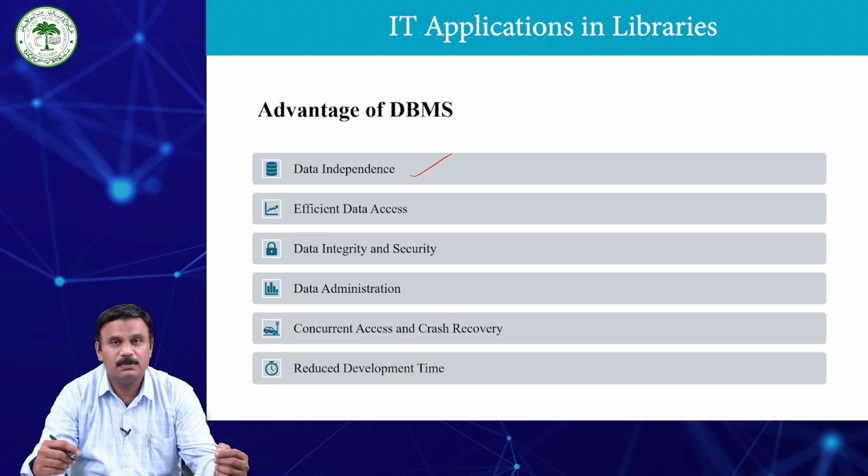The DBMS also provides robust security features such as user authentication and access controls, ensuring that only authorized users can access or modify the data. This protects sensitive information and maintains data privacy.